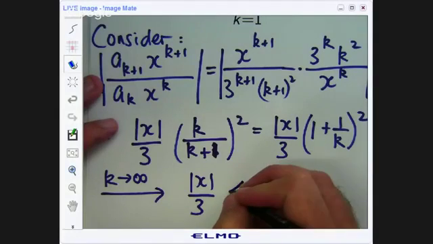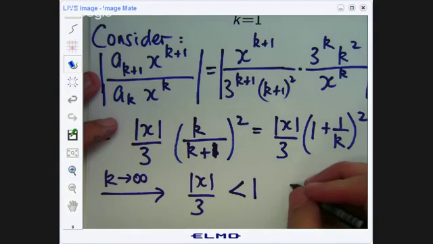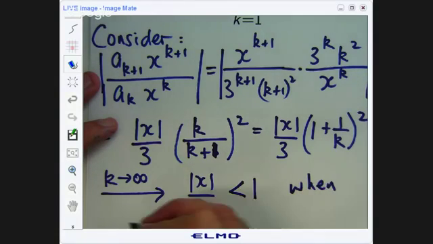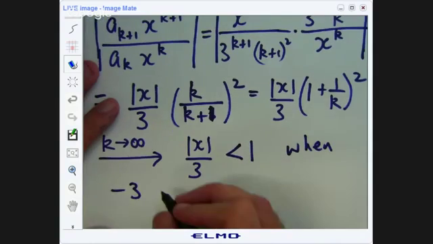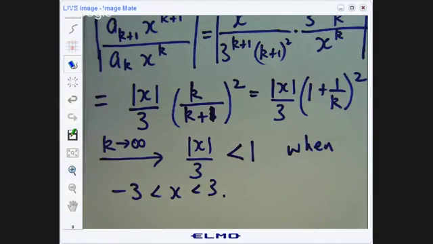So let's find all the x values that make absolute x on 3 strictly less than 1. Well, bring that up there. So we've got absolute x less than 3, get rid of the absolute value signs, and we'll get the following. All right, so this is an important step now.